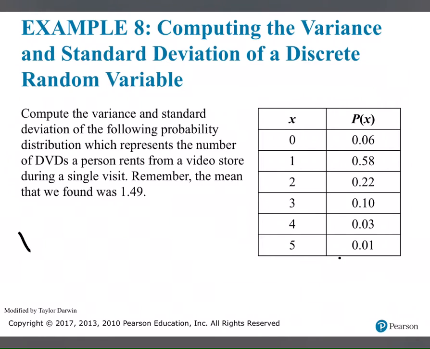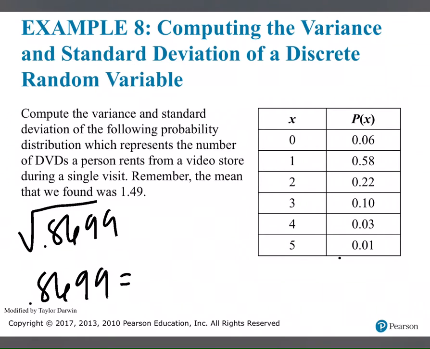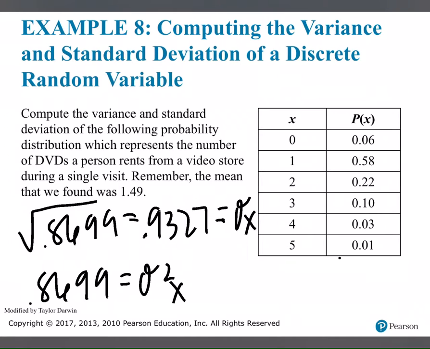And that just went away. So that 0.8699 was equal to my variance. My variance was just my standard deviation squared. And right after I square root it, that 0.9327 is your standard deviation.